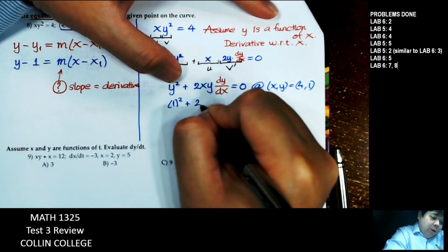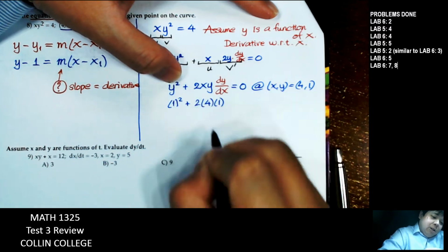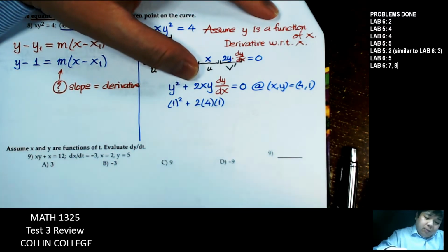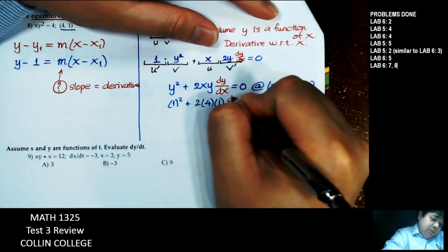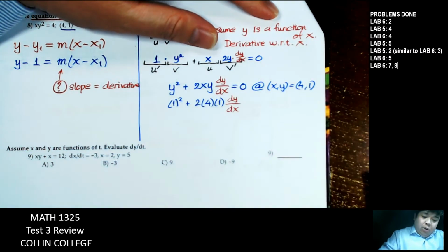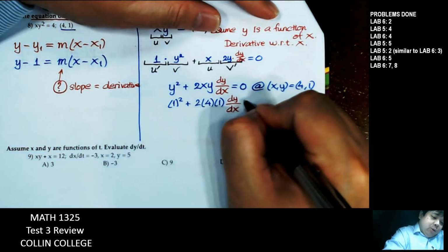Of course, we can get dy over dx by itself, but I'm just going to put 4 and 1 in for x and y here. So I'll say x and y equal to 4 and 1. Put 1 in for y, 4 in for x.